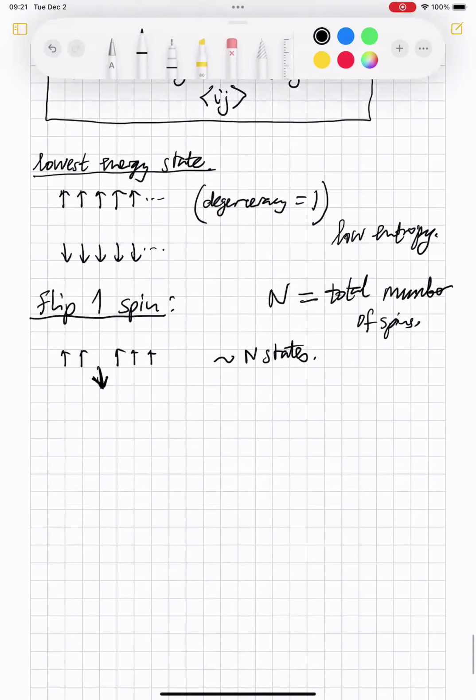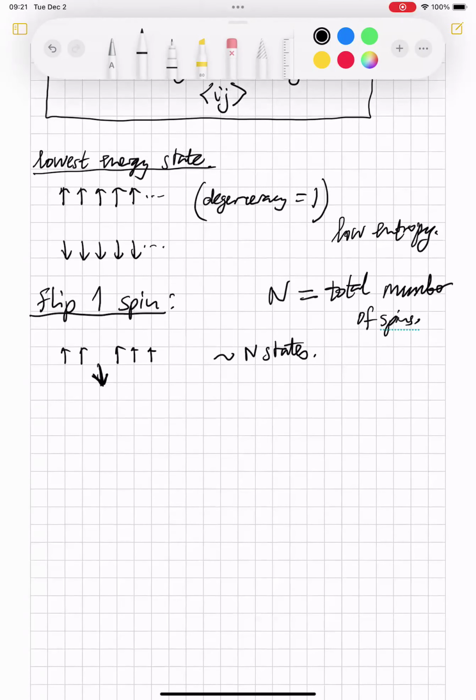Then we could get an even slightly higher energy state. By repeating this trick, we increase the energy by flipping one spin. Well, if we flip two spins, we'll add even more to the energy. And now how many ways are there to flip two spins?